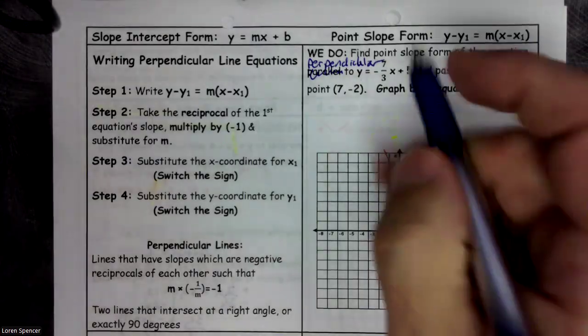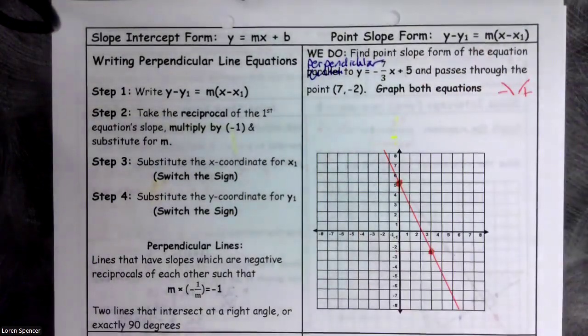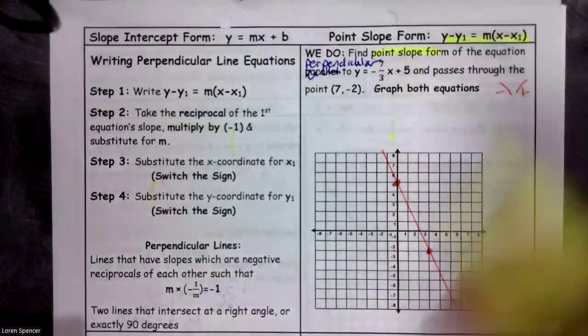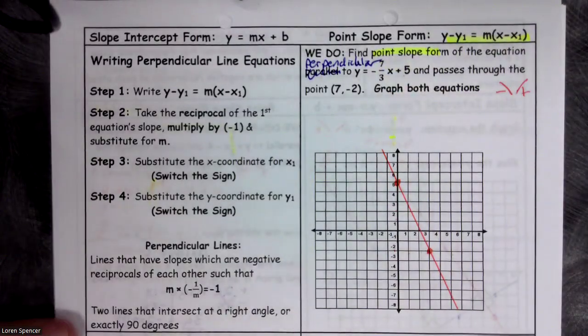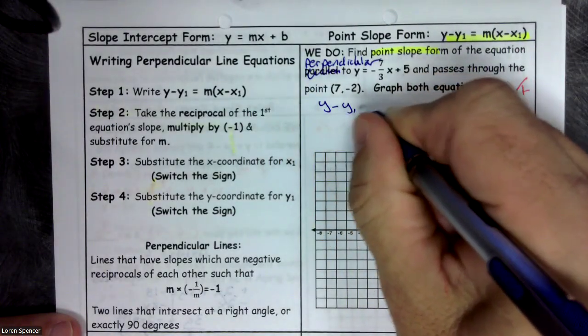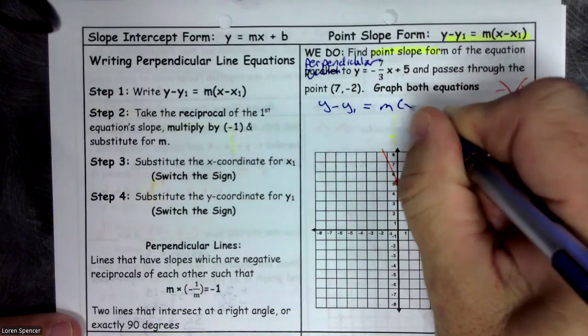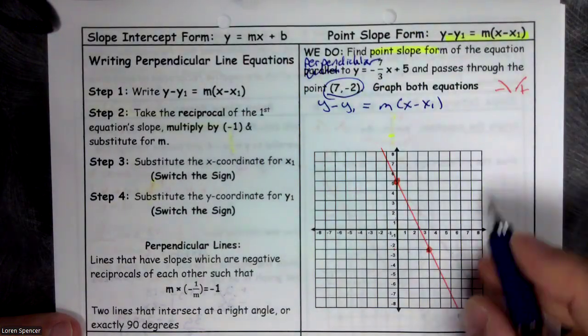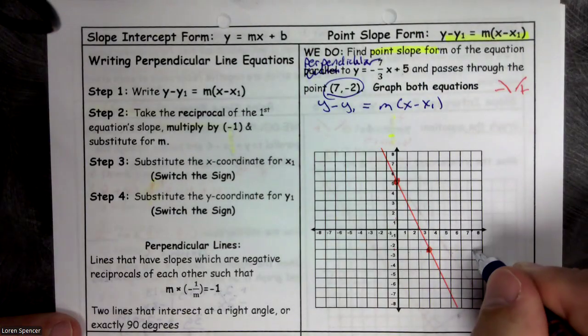And then it says find the point slope form. So they want it using that formula. So we're going to go y minus y1 equals m times x minus x1. Well, they've already given us the starting point, so let's go ahead and graph that. Positive 7, negative 2.